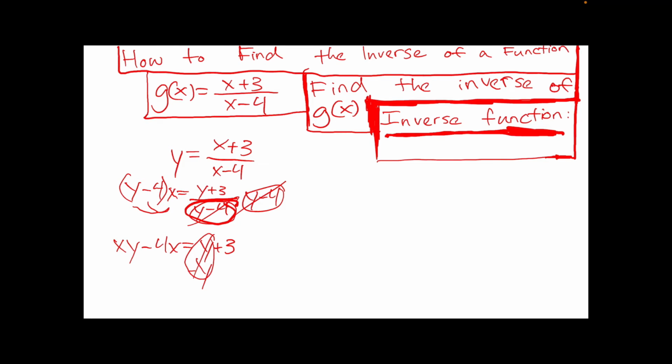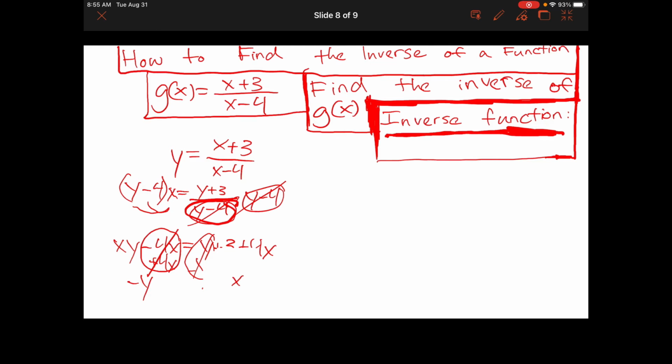So these two cancel each other out. And then how about I add 4x on both sides. So these will cancel each other out. We have x times y minus y equals 3 plus 4x.